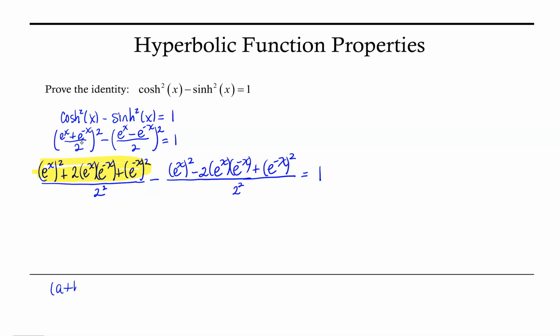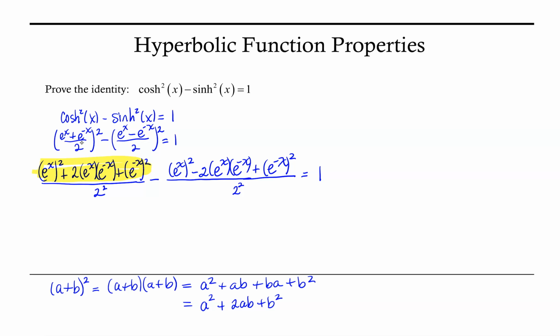So a plus b squared is a plus b times a plus b, which is a squared plus ab plus ba plus b squared, and I can add those two middle terms to 2ab plus b squared.